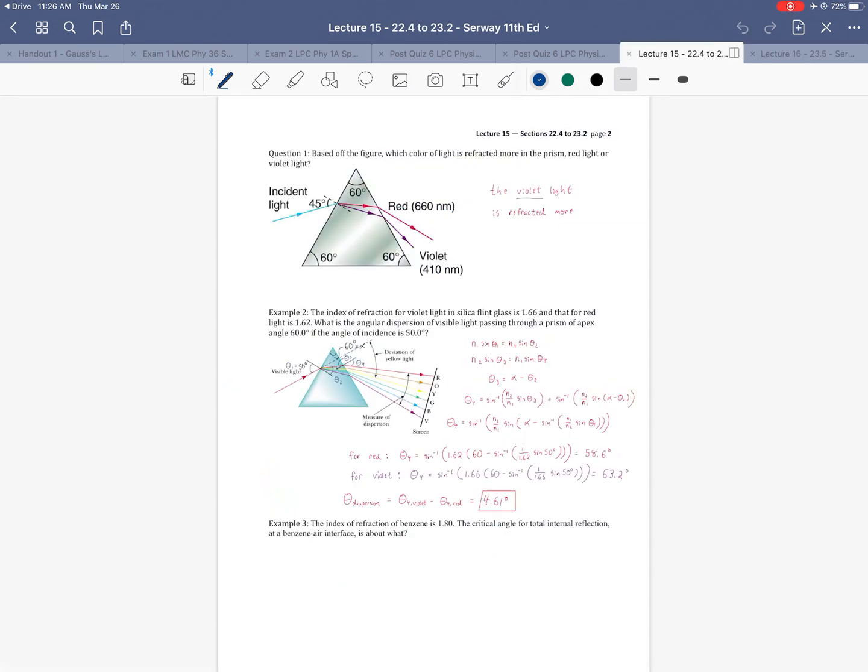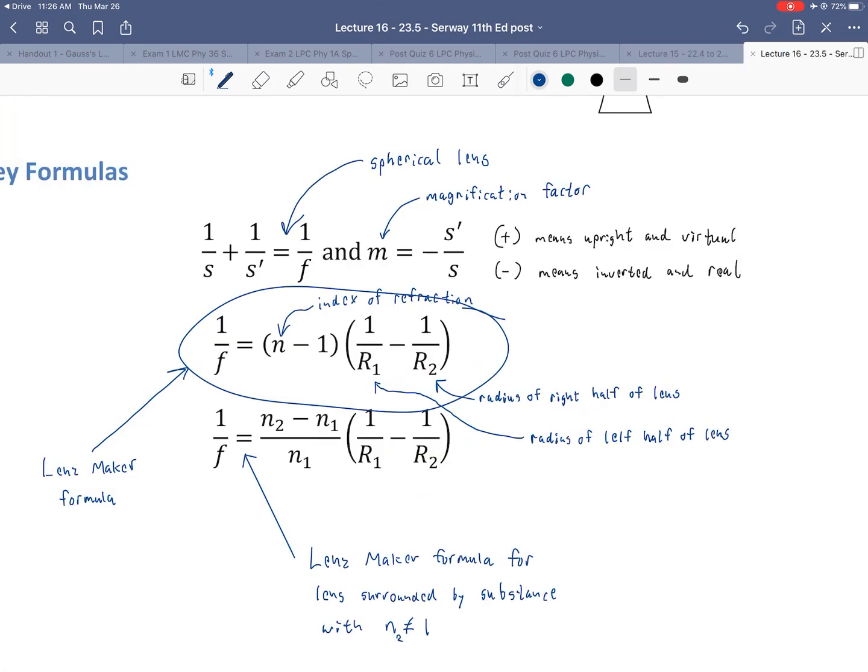And that would be n2, by the way. The idea is that for the basic lens maker formula, it is assumed that the lens is in air. In that case, the surrounding index of refraction is effectively 1, and so we don't have to consider it.